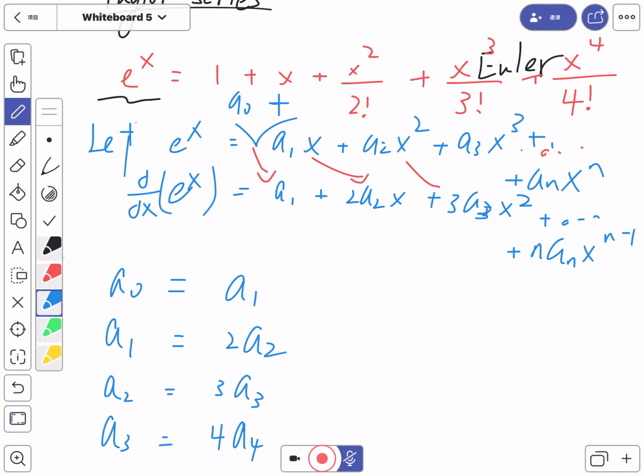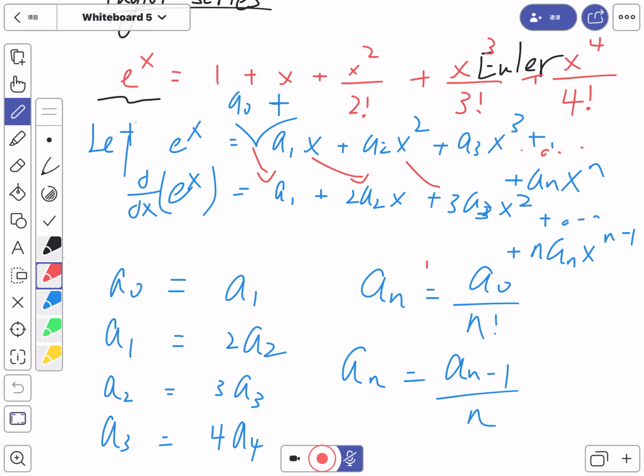Now this can be proven by induction that an is equal to a0 over n factorial, because we know that an is equal to a(n minus 1) over n. If you just put it backwards, you get this result at the end.